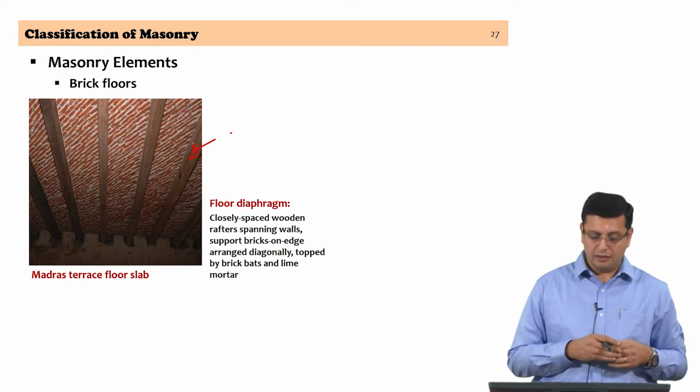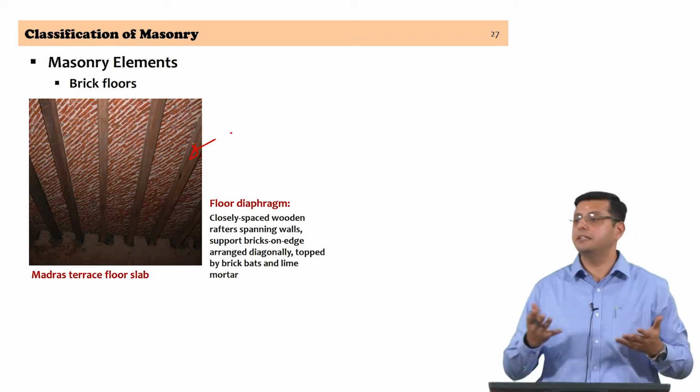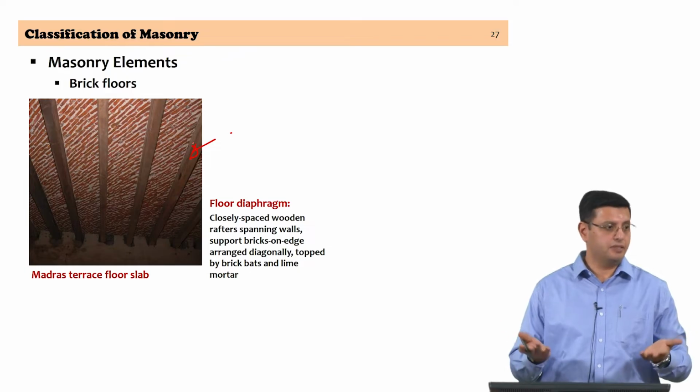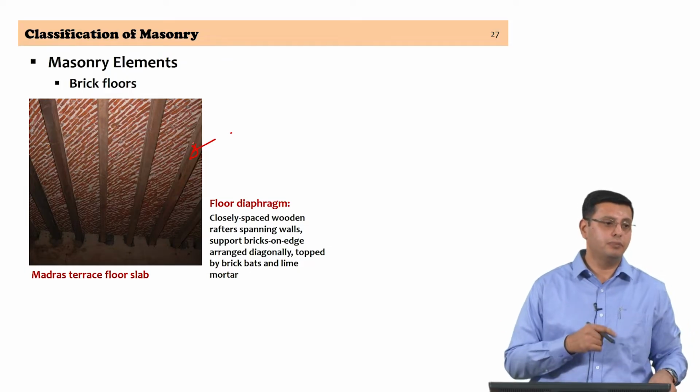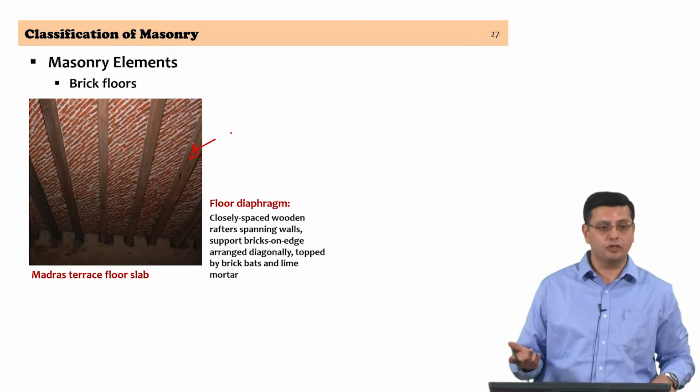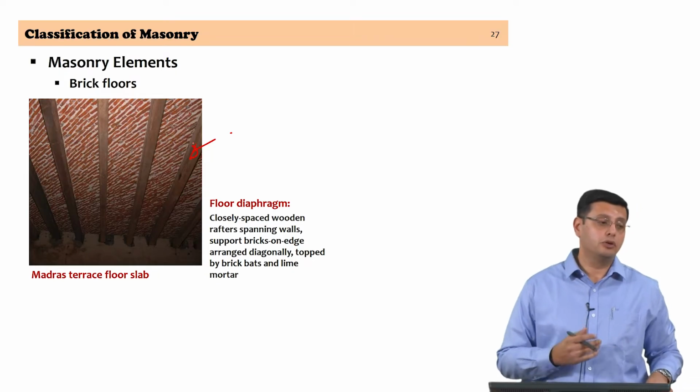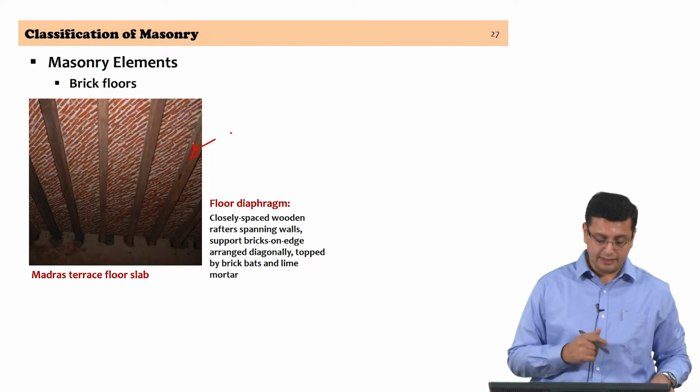So, the main supporting system is a tension resisting material, the timber being good in tension. If it is going to be steel, that also is a good material in resisting tension.